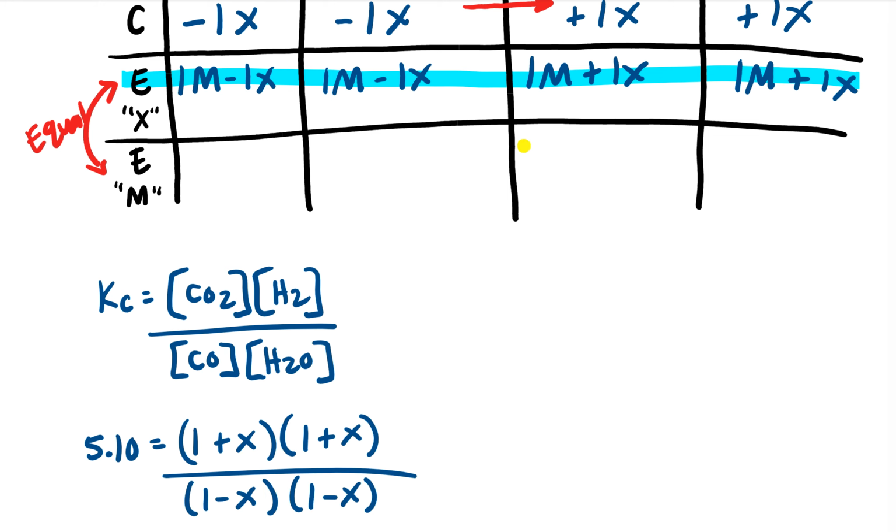Okay, I substituted them in, and if it helps you out, you can drop the molarity sign I've done here. I can drop that coefficient of 1 because I understand it to be a 1, just to make it a little bit easier for the math. Now we're going to solve for X. You'll notice here in the numerator, you have the quantity of 1 plus X times the quantity of 1 plus X. That can be rewritten as quantity of 1 plus X squared.